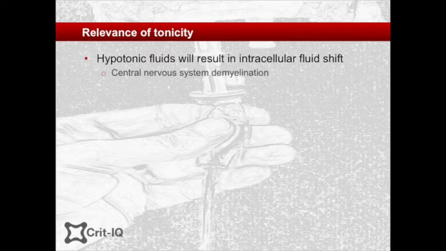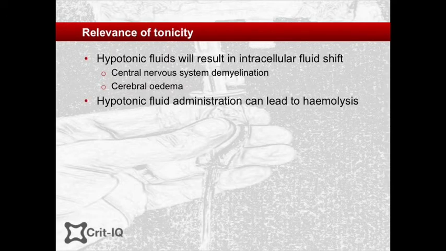Examples include osmotic demyelination of the central nervous tissue and exacerbations of cerebral edema. It is also important to red blood cells. If hypotonic fluids are mixed with red blood cells, the cells absorb fluid rapidly and the swelling results in cell lysis or hemolysis.